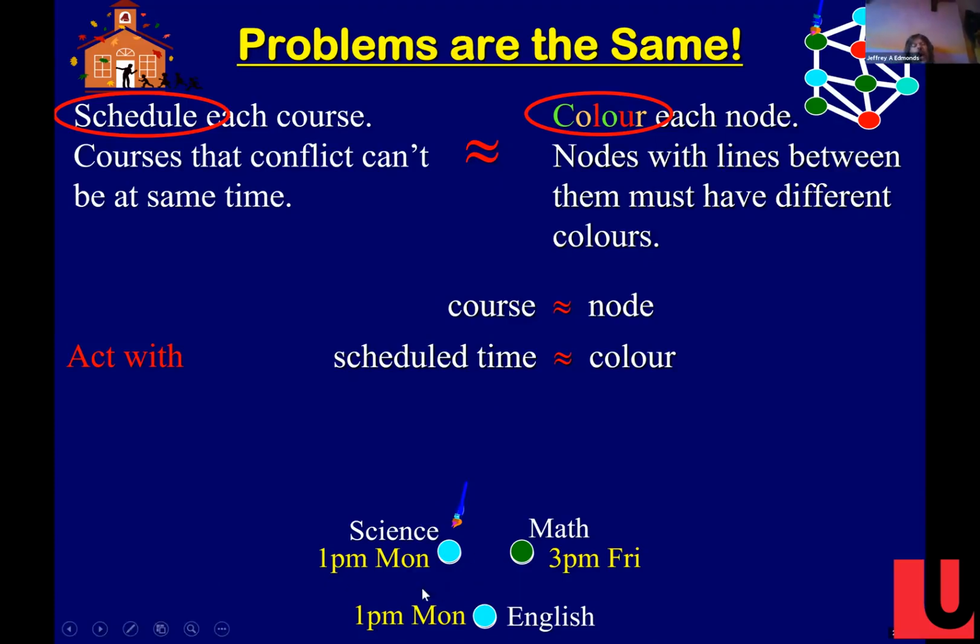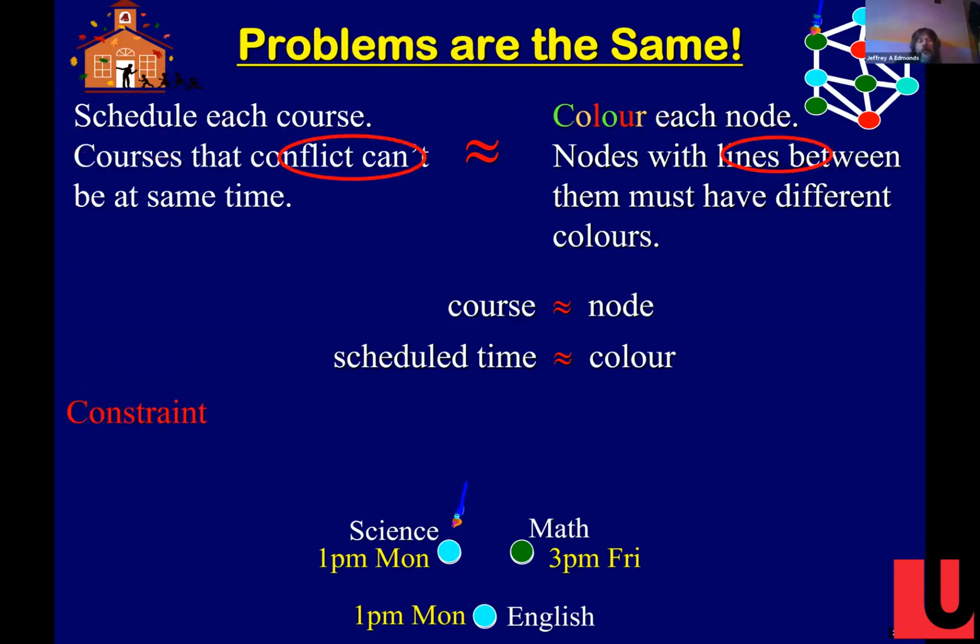So I might say 1 o'clock on Monday is blue, while 3 o'clock on Friday is green. Every time slot is associated with a color, and every color is associated with a time slot. Does that make sense? And then we have, yes. Yeah, I was just confirming.